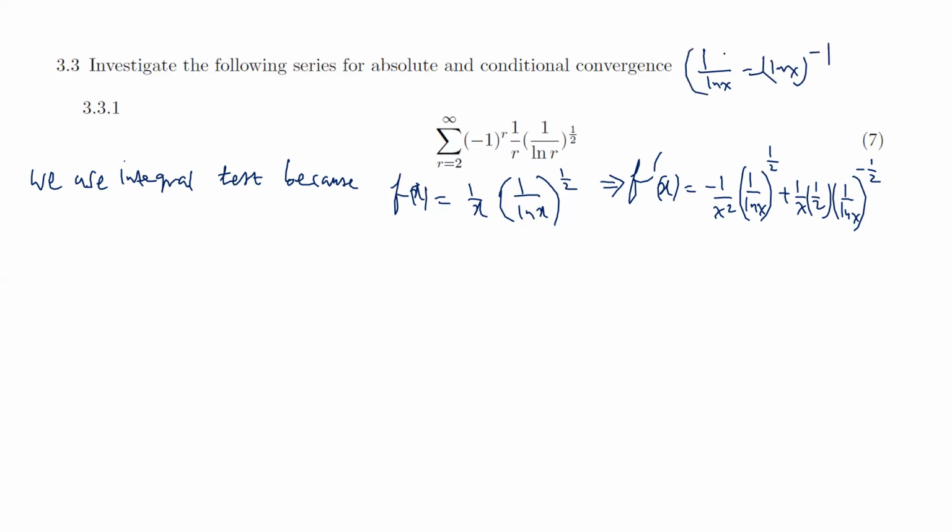Therefore, its derivative is minus 1 times ln x to the minus 2, and then you find the derivative of ln x, which is 1 over x. So it's minus 1 over x times ln x squared.